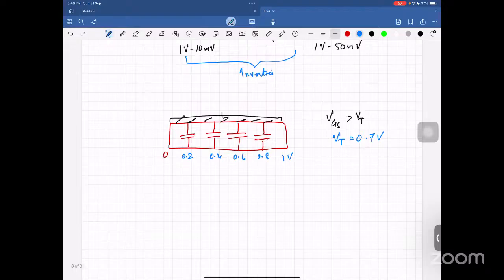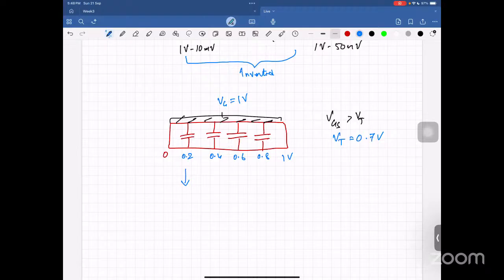And now, locally, what is the gate voltage? Here VG you are applying is 1 volt again, the same thing. Now at this point on the left side, my effective voltage is VG minus this voltage, let's call it Vx.